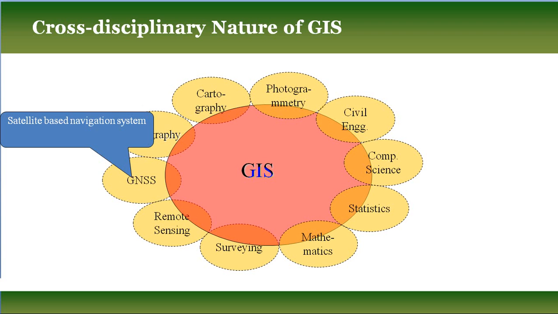So this is one type of data source. In other words, you can say that GNSS technology is also a type of surveying technology, because with the help of a GNSS receiver we can collect geographical data in the form of longitude and latitude.